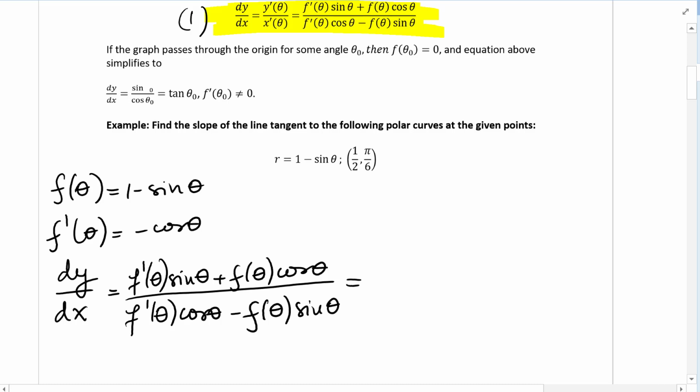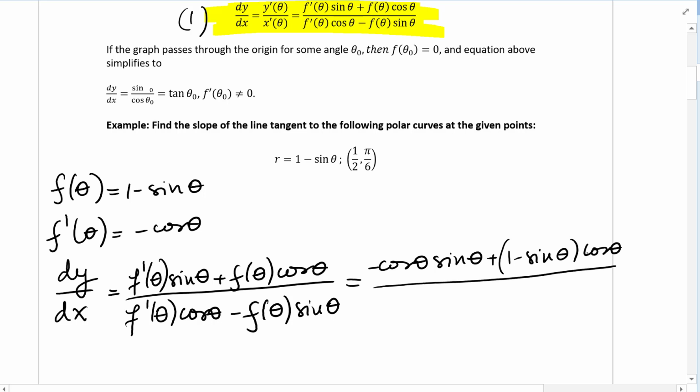So if we substitute, f prime of theta is negative cosine theta, so negative cosine theta sine theta plus f of theta, that's 1 minus sine theta, cosine theta, over f prime of theta, negative cosine theta times cosine theta, that's cosine squared of theta, minus 1 minus sine theta times sine theta.